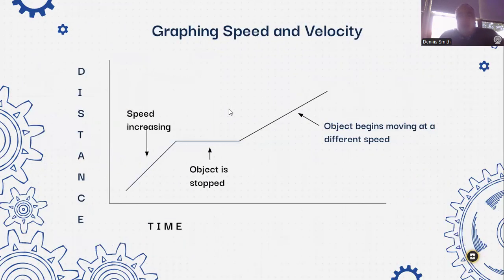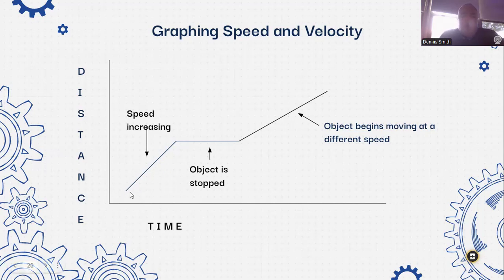Okay. So when you're looking at graphing speed and velocity, your y-axis is measuring your distance traveled. Your x-axis here is measuring the time. I didn't put any numbers on it because it doesn't make any sense.